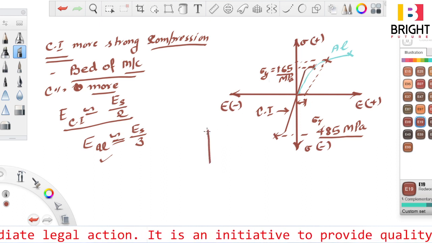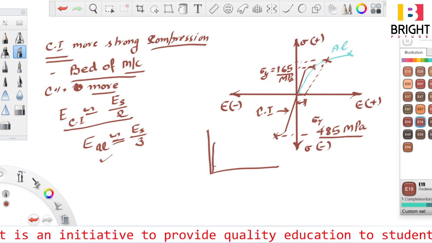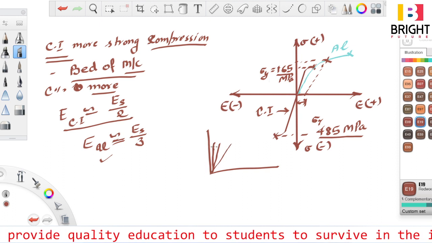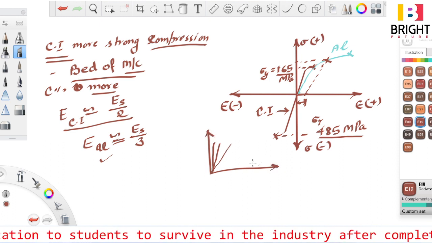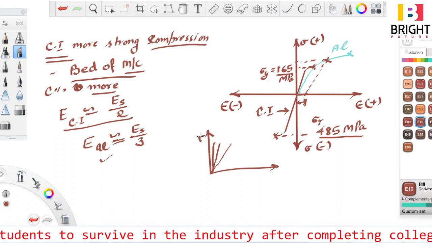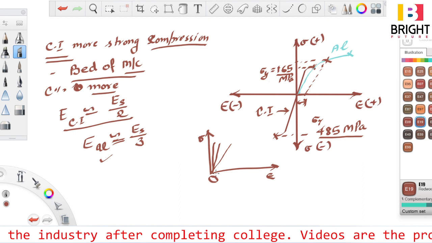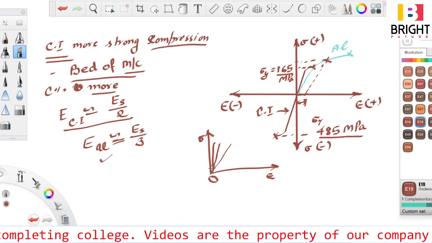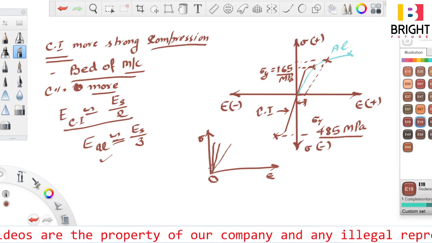If I draw this line again, this material is less elastic than this material. As this line goes nearer to the y-axis, which is the stress line, the material will be more elastic. It means a small value of strain will have significant resistance from the material.